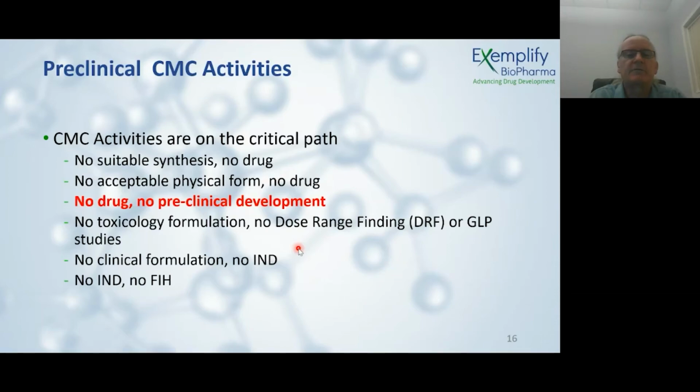So all of that's related to drug supply. And at the beginning of these programs, obviously the drug supply is the most critical. But pretty quickly, some of the other activities do go on the critical path. So essentially, the way I would describe it is most of the CMC activities are actually on the critical path to get from candidate selection into the clinic.